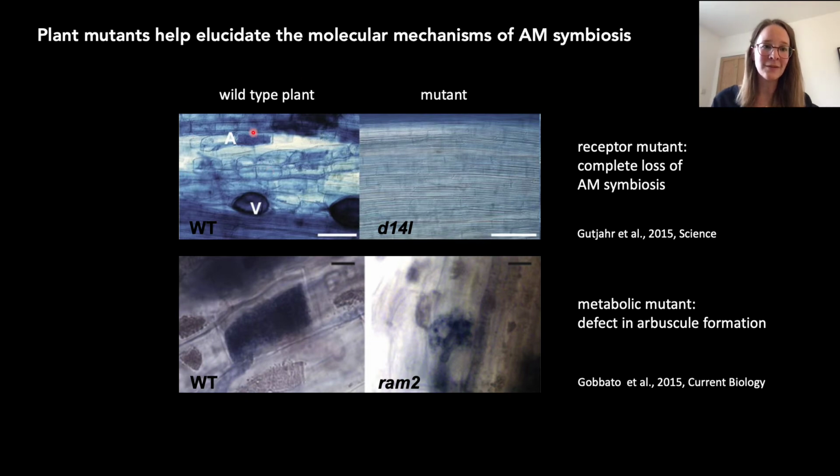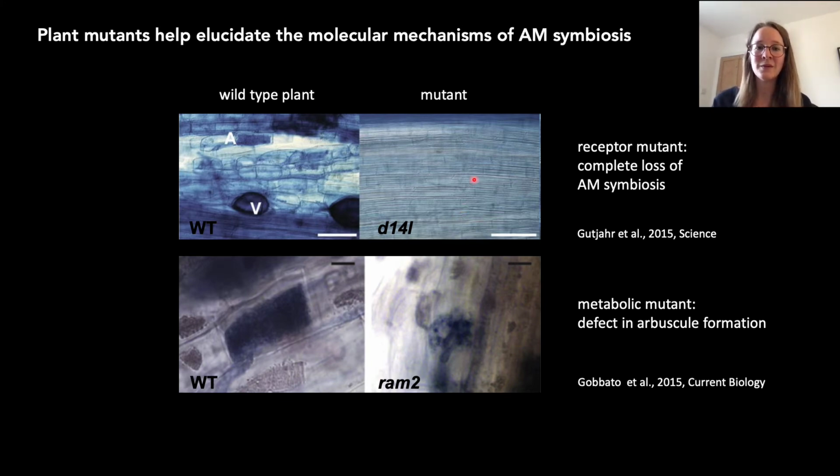Here you can see an arbuscule up here and other fungal structures. In this part here, you can see a mutant, which is a receptor mutant that can't perceive the fungus. And in this case, you can see that the root is completely empty. All we have is background stain. And that's because this particular plant mutant is not able to establish the symbiosis at all.